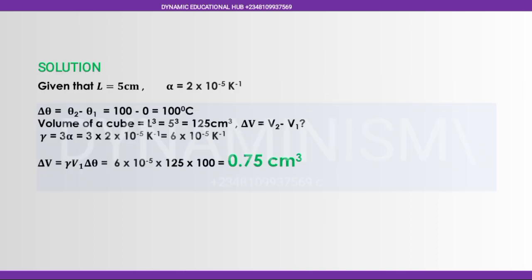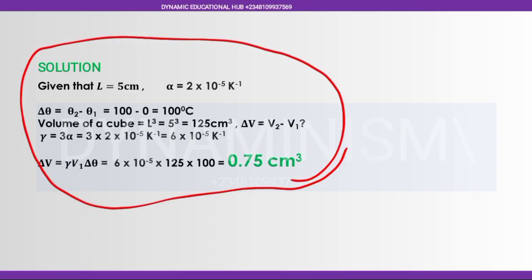You are given the what? You are given the side of the cube. What is the side of the cube? 5 centimeter. And you are also given the coefficient of linear expansivity, 2 times 10 raised to the power minus 5 per Kelvin. Then don't forget the change in temperature is equal to what? 100 degrees minus 0 degrees. Then the question is, where am I getting my 100 degrees and 0 degrees?